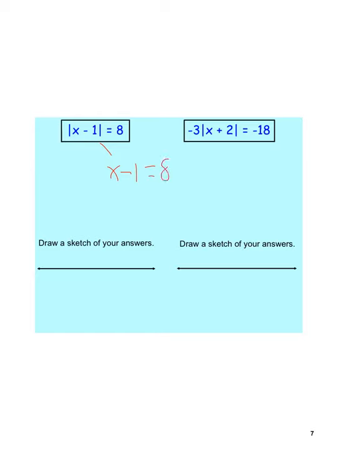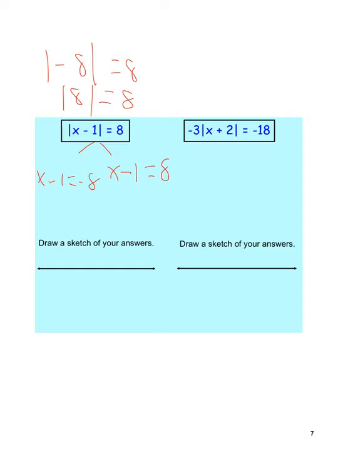But because it's absolute value, the x minus 1 could also equal negative 8, because all that matters is that inside the absolute value it is equal to 8 or negative 8, because the absolute value of negative 8 also equals 8, just like the absolute value of 8 equals 8. So we just need the inside of the absolute value, the vertical lines there, to equal negative 8 or 8.